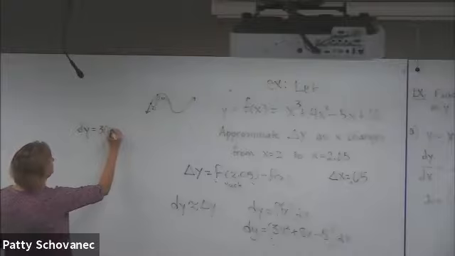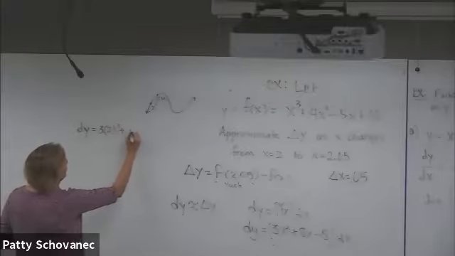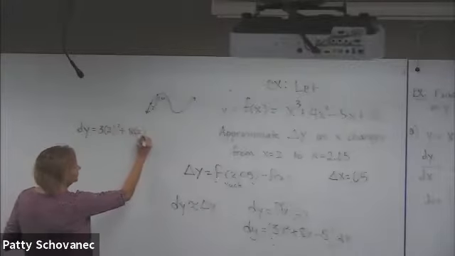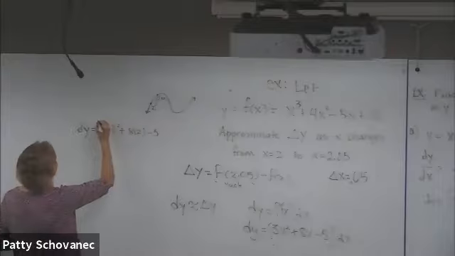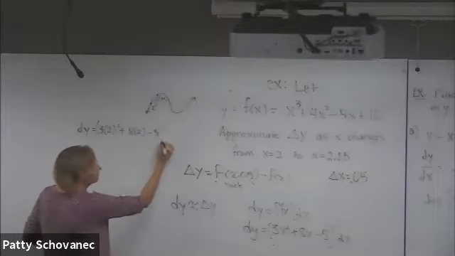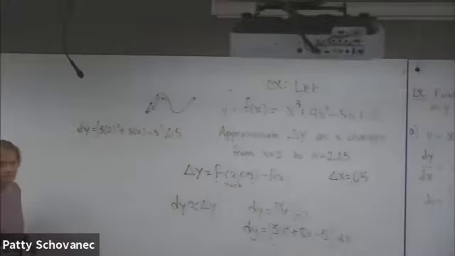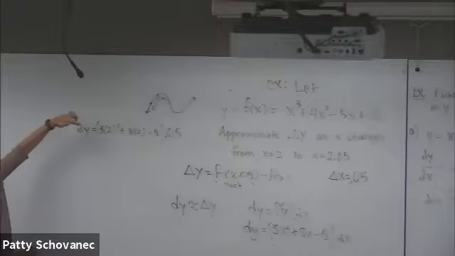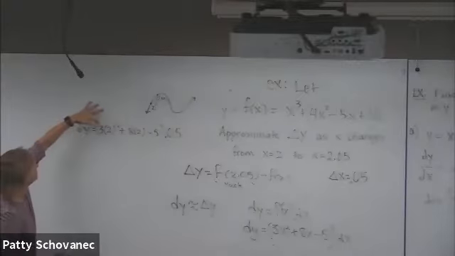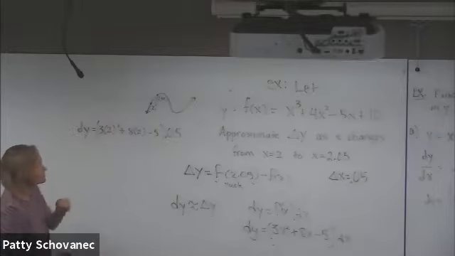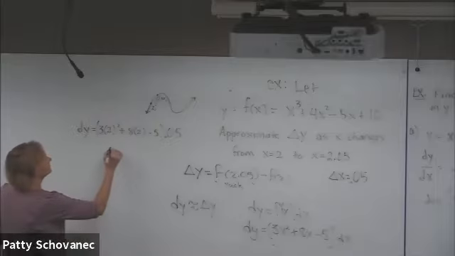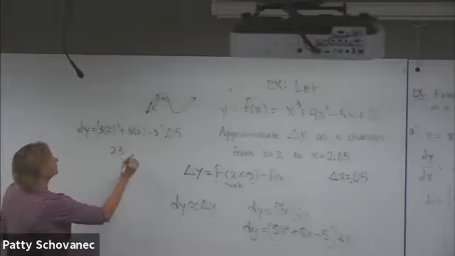Three times 2 squared plus 8 times 2 minus 5. And then we multiply that by that increment in x. So I think even I can do this number. 4 times 3 is 12. 12 plus 16 is 28. 28 minus 5 is 23.